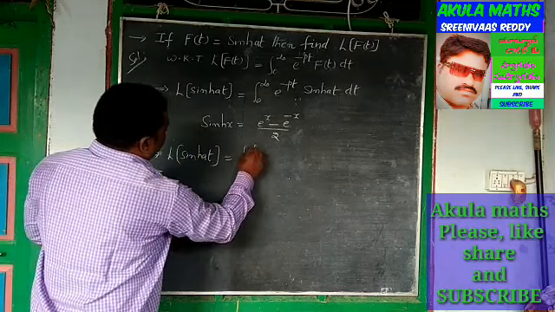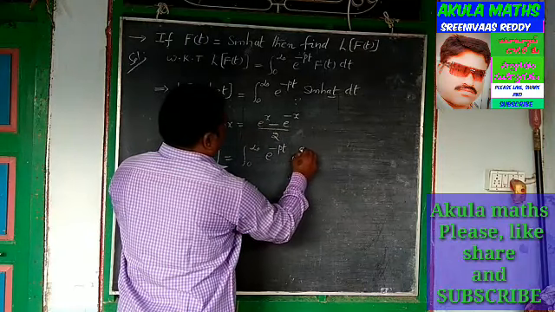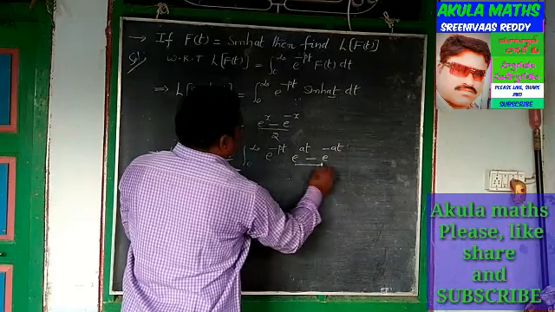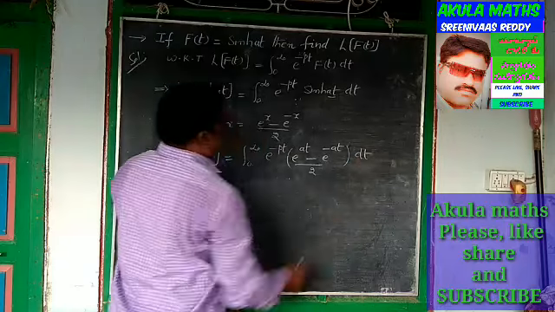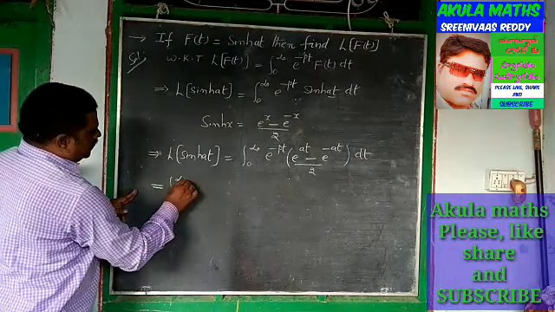Here x is at. So e power at minus e power minus at by 2 into dt.